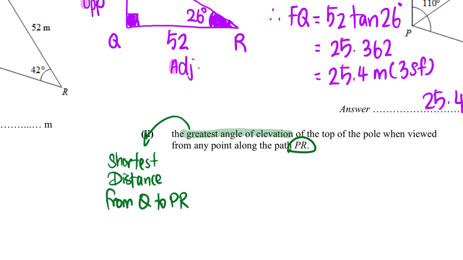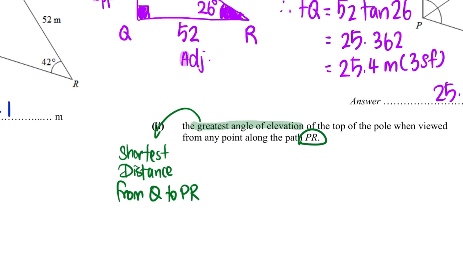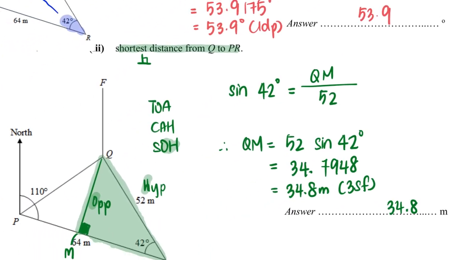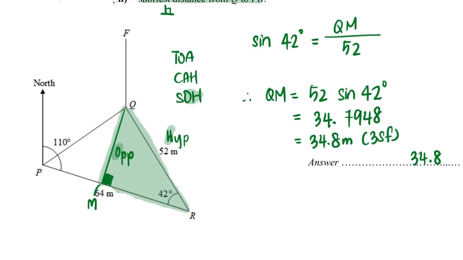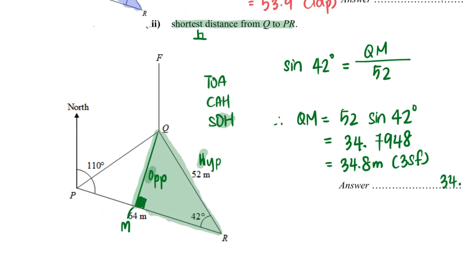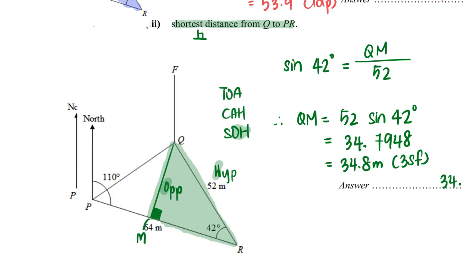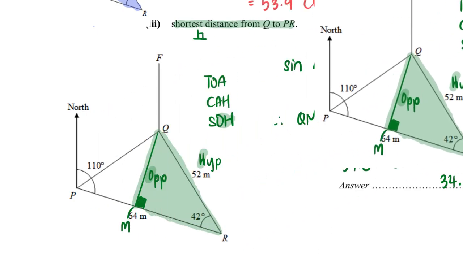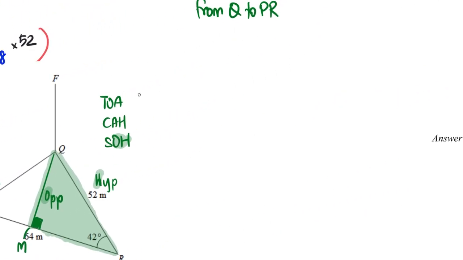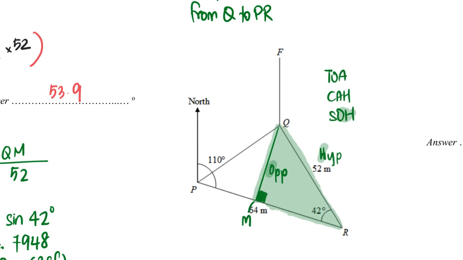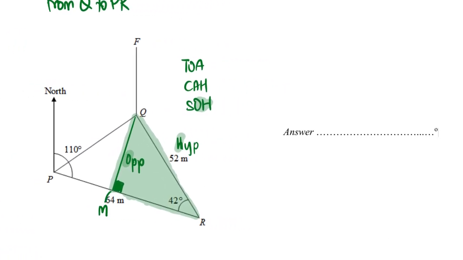Wait a minute. Do we have this shortest distance? Oh yes, we did! Here! So I'm going to cut this out and use this particular diagram to illustrate where we are talking about, and this one I'm going to hide.